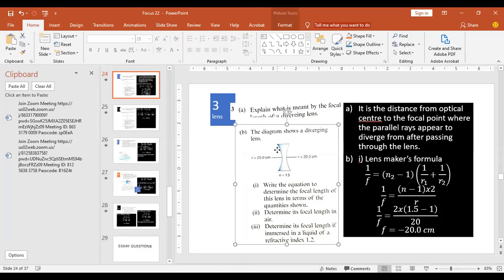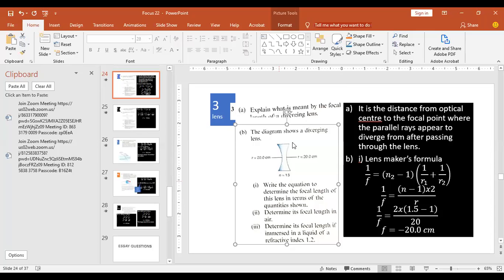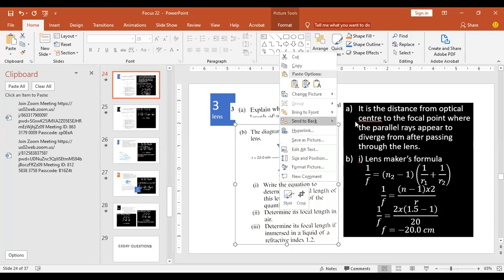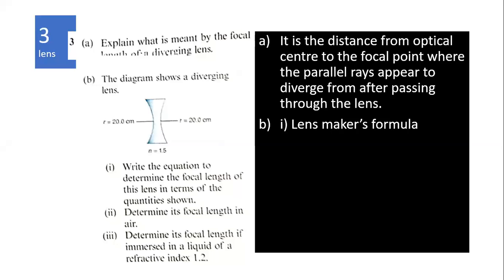What's the formula? Go to the lens maker's formula. These are different radii. That's how they calculate the focal length. So that's the formula, and then they want you to put it in terms of that.